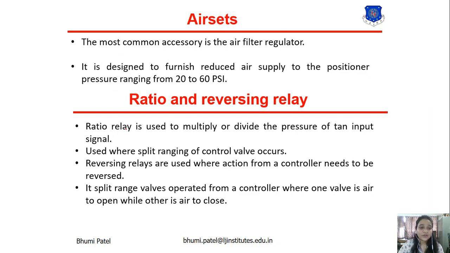So the ratio relay is used to multiply or divide the pressure in the input signal, and the reversing relay is always connected from a controller, and it is used for add to open or add to close valve operation.